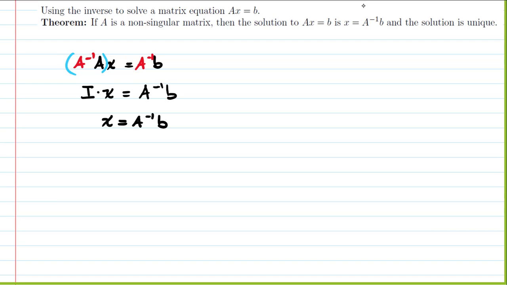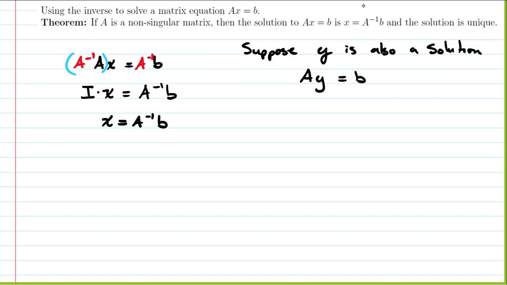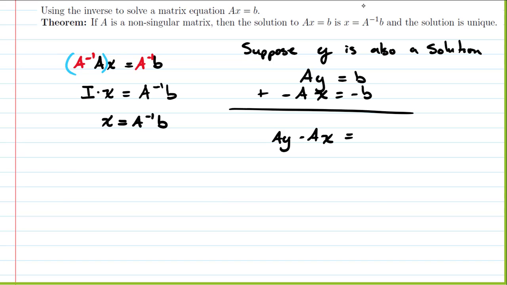Well, suppose Y is also a solution. Then we would have the equation A times Y is equal to B. Well, then I could take my original equation, multiply it by negative 1, and do elimination, add the two things together, and that would give me AY minus AX is equal to B minus B. So that would be the 0 matrix.